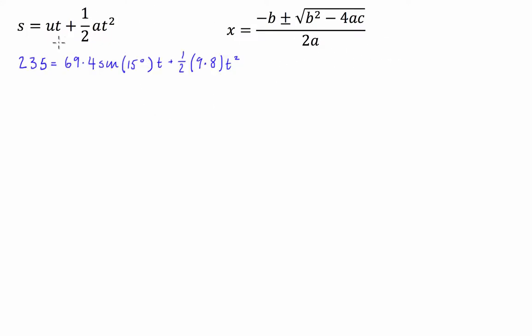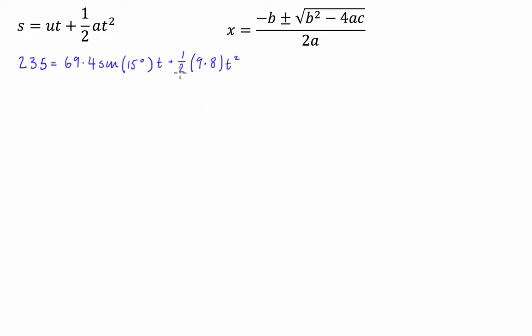So here we have our equation of motion with the values entered in. We have our displacement, which is 235 meters. We've got our initial velocity, which is the vertical component of this 69.4 meters per second velocity. And we have our acceleration due to gravity, which is entered in here.